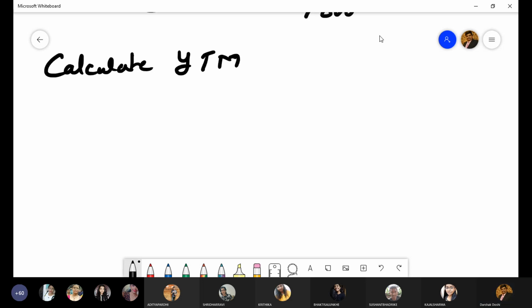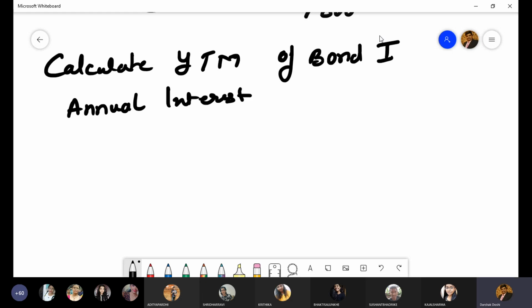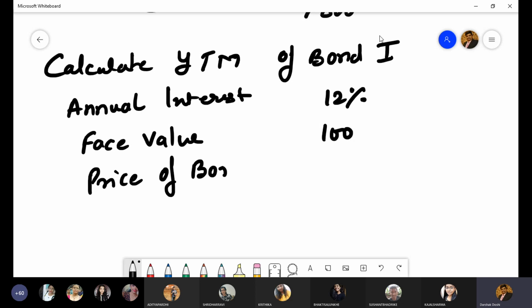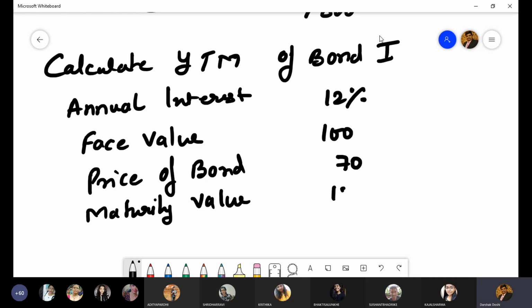Calculate YTM of bond 1. Annual interest 12%, face value 100, price of bond 70, maturity value 120, maturity period 10 years.